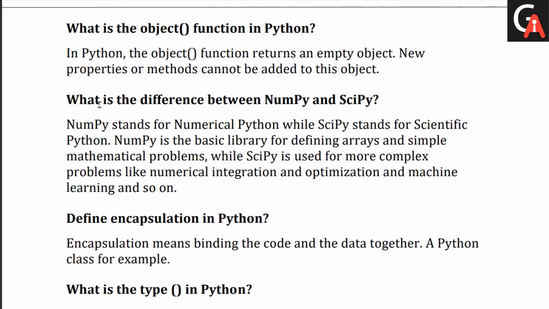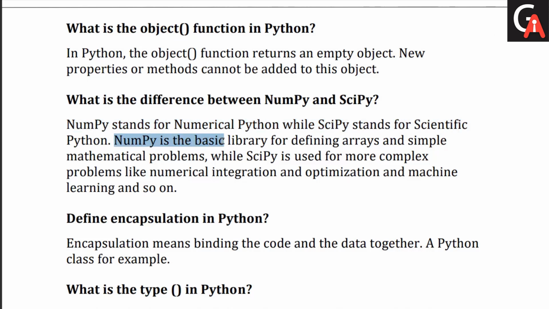What is the difference between NumPy and SciPy? Both are libraries in Python. One is a numerical Python library and the other is a scientific Python library. NumPy stands for numerical Python while SciPy stands for scientific Python.